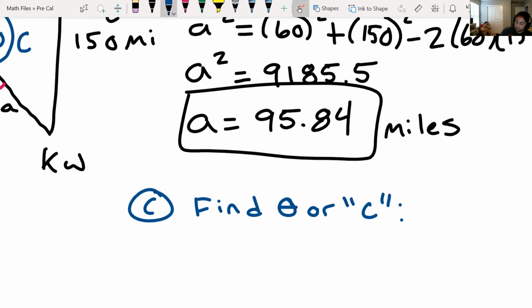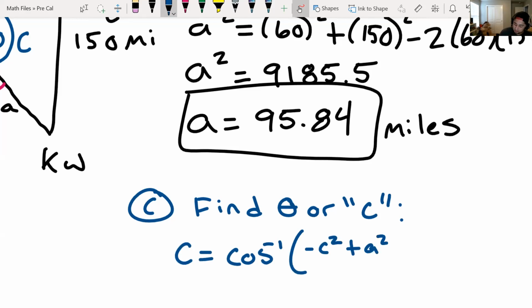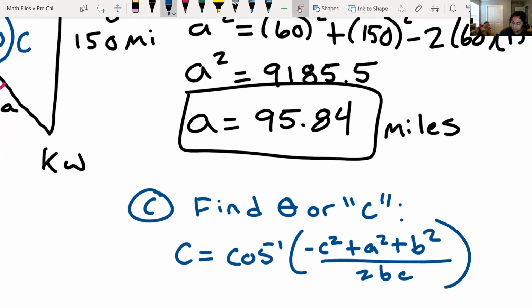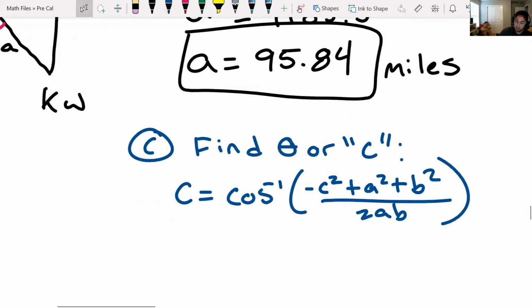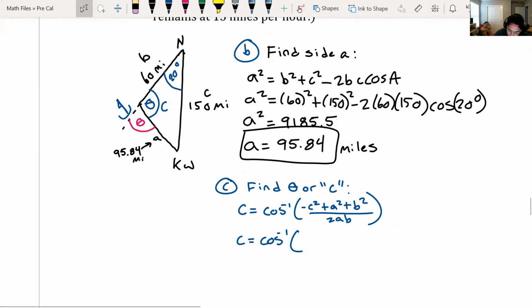Okay, so with that being said, to find angle C, we know it's given by the inverse cosine of negative C squared plus A squared plus B squared over 2AB. Then plug in all the information we know. C is the inverse cosine of, and let's look at our triangles so we know what to use.